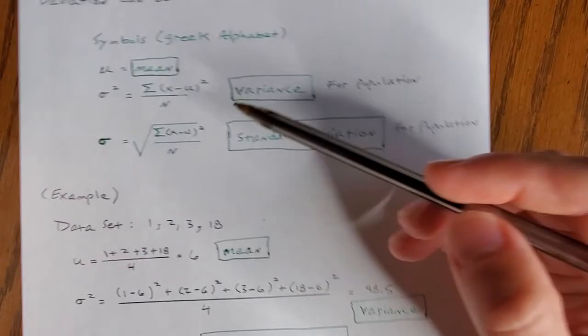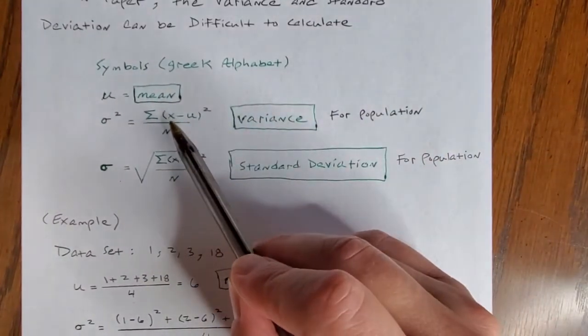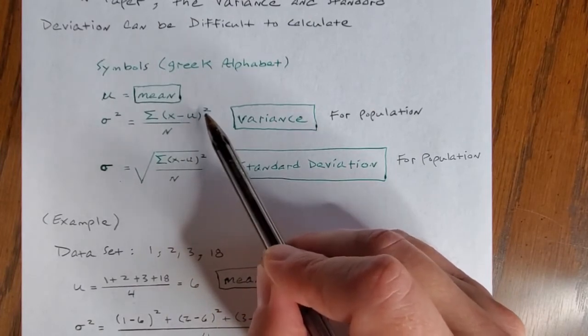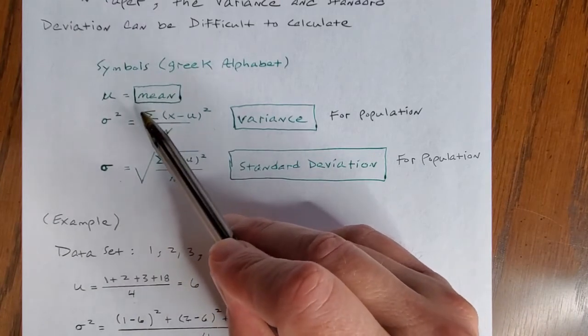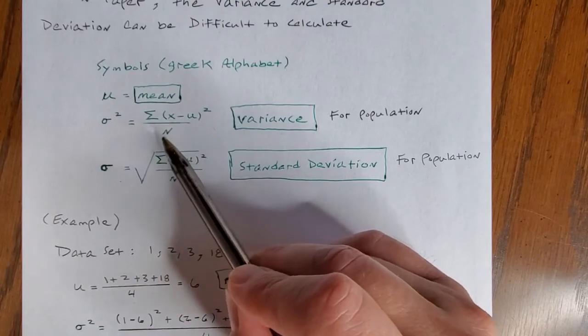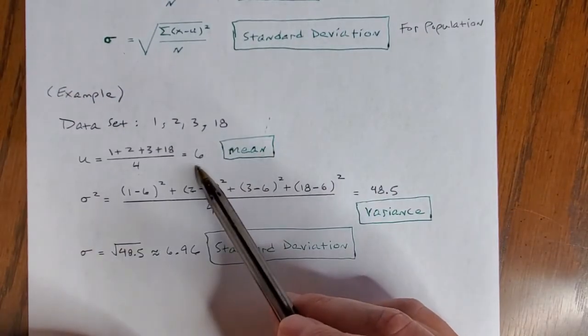Now, what this formula for the variance says to do is you take each data entry, subtract the mean, square what you get, and this symbol means add all those results together, and then divide by how many data entries there are. Okay, so here's what I do. Remember the mean is 6.